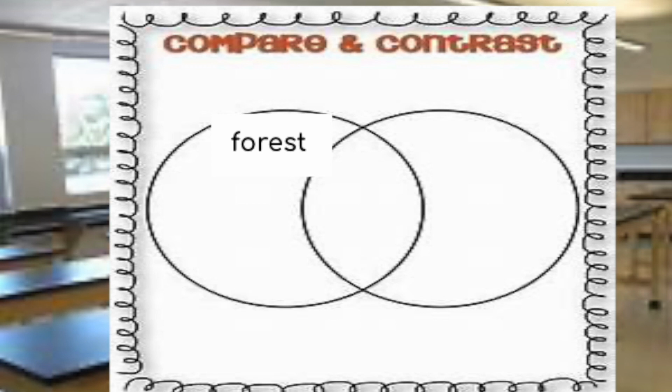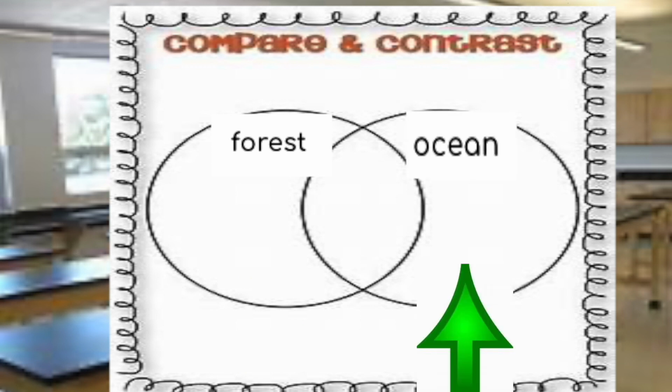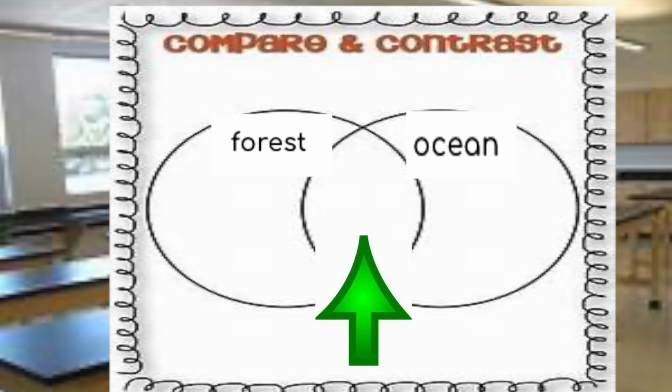In this circle, we will put characteristics of the ocean. Anytime that we notice characteristics that are the same, we will put them in the middle. The middle part of the organizer means that both forests and oceans have these characteristics.